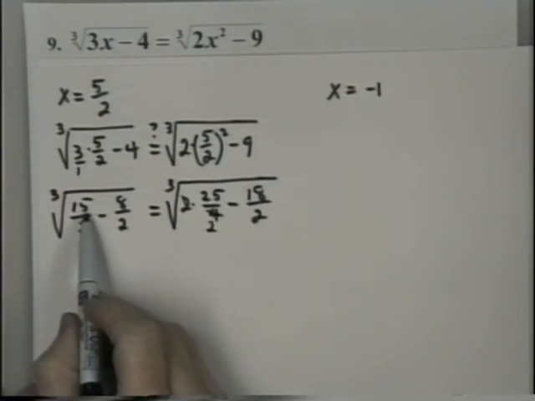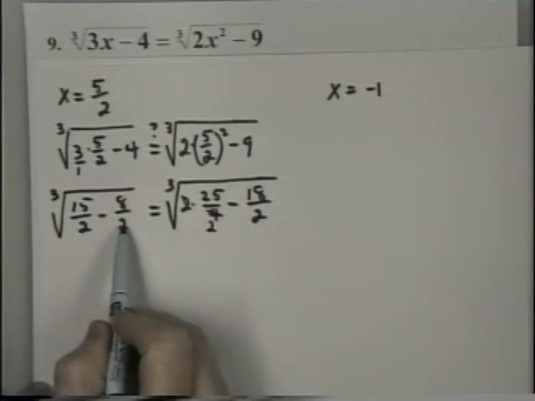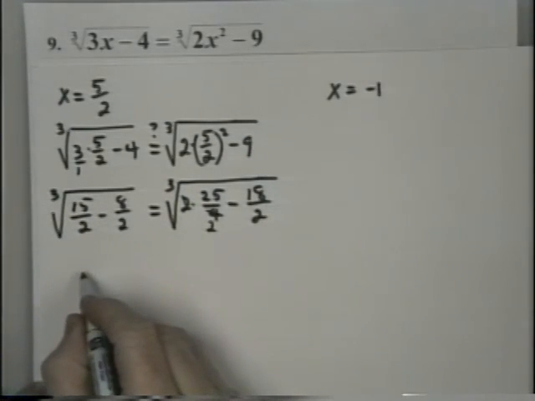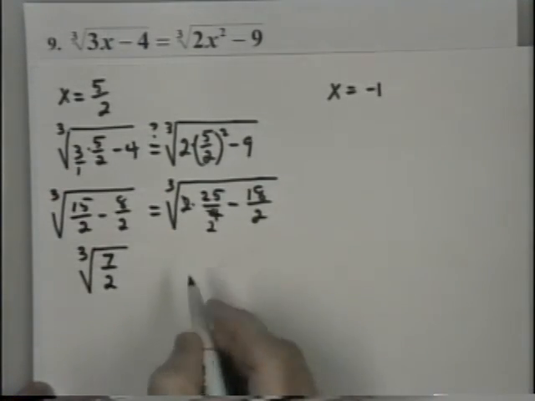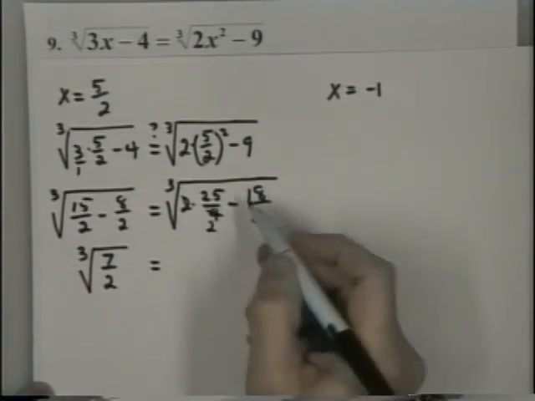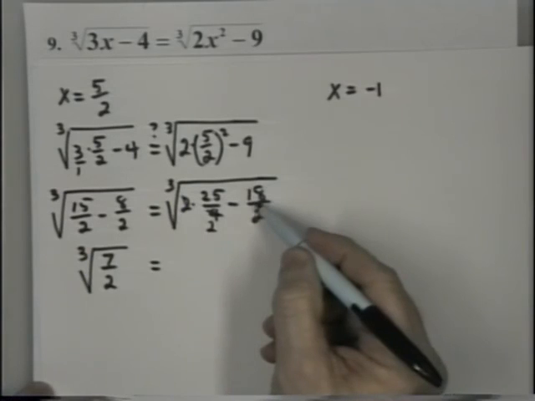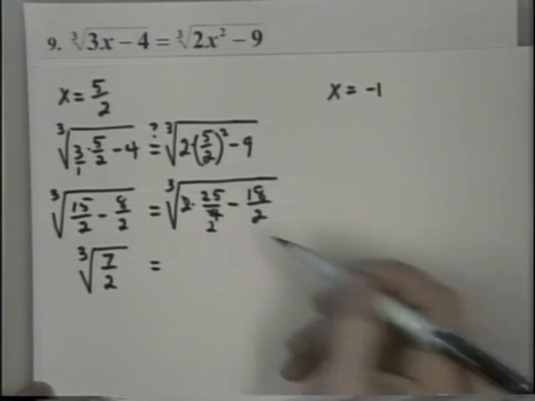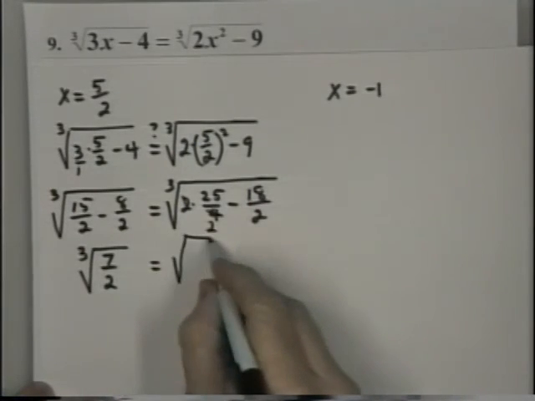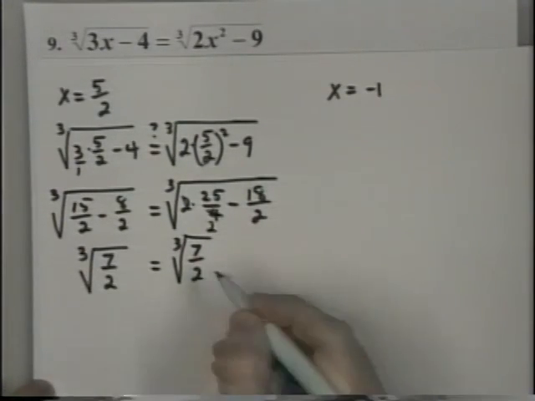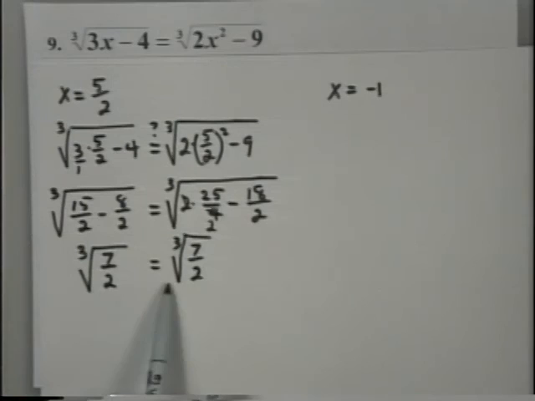And so here on the left, I've got 15 halves minus 8 halves is 7 halves. And on the right, I've got 25 halves minus 18 halves is, again, 7 halves. And we come out with an obviously true statement.